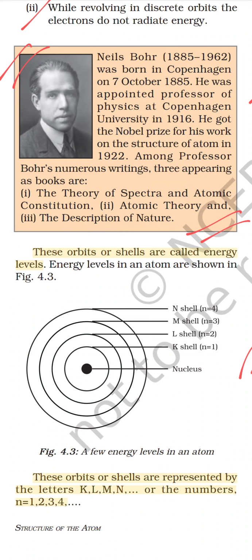Here are the N shell, M shell, L shell, K shell and the nucleus in figure 4.3. For the K shell n equals 1, L shell n equals 2, M shell n equals 3 and N shell n equals 4.